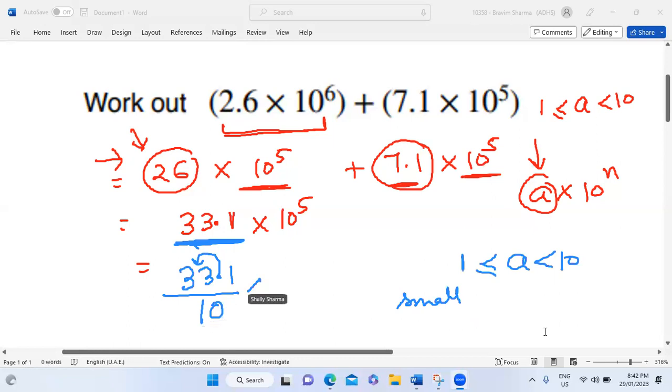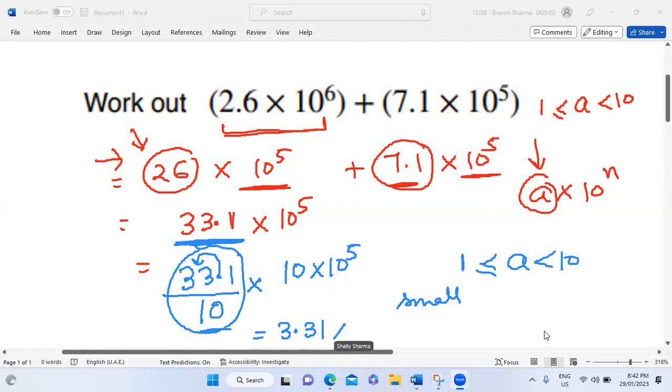When I divide by 10, I have to multiply by 10 also to keep the number the same. So I will be getting 3.31 because of this part, and then 10 times 10 to the power of 1 multiplied by 10 to the power of 5, which is 10 raised to the power of 6. I hope it is clear.